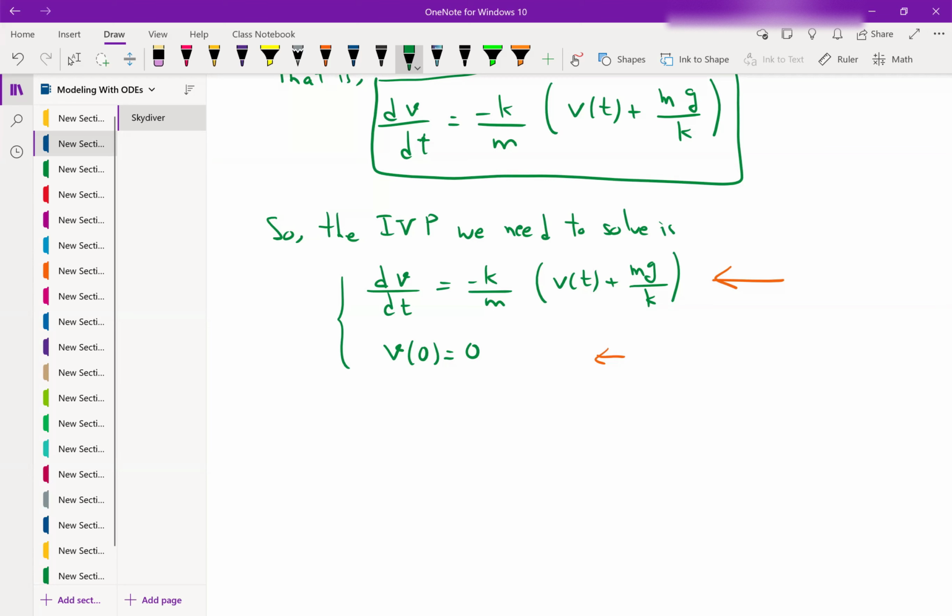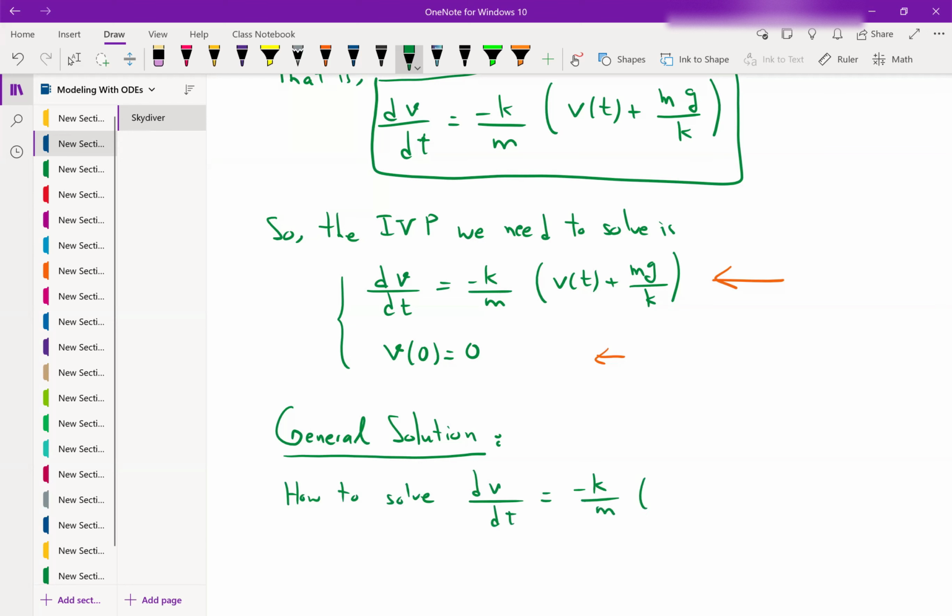So let's solve this. I'm going to begin with the general solution of the ODE. That means ignore the initial condition, just focus on the equation. The question is how to solve this equation: dv/dt equals negative k over m v of t plus mg over k.